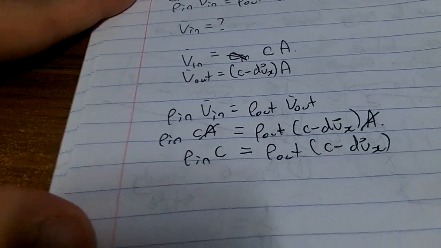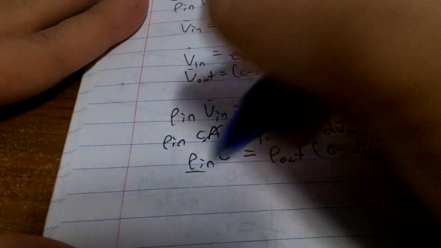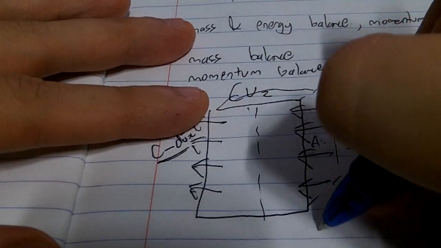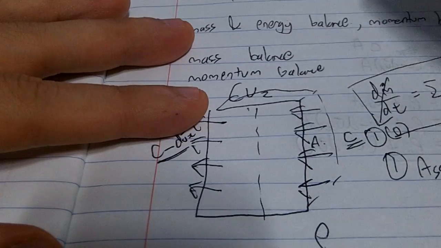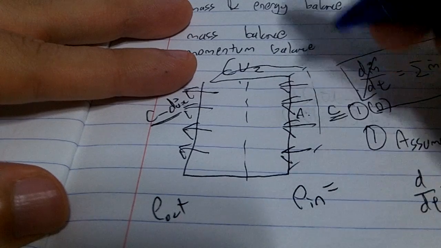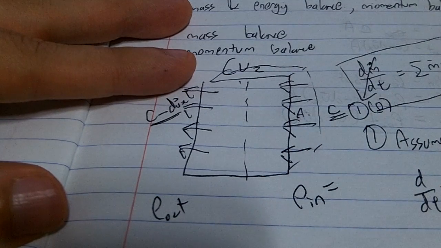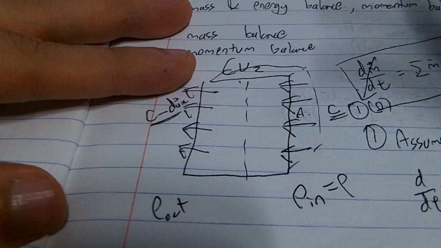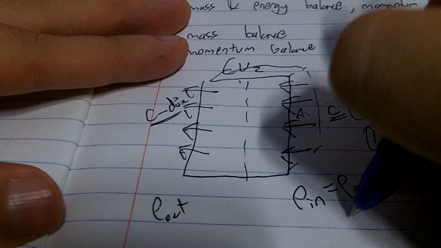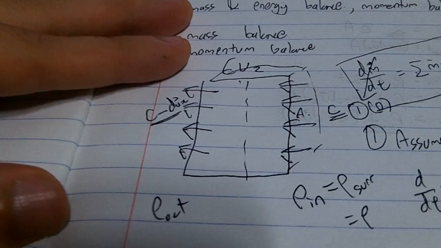Alright, so next thing, what is rho in and rho out? Rho in, what's the stuff coming into the system? It's just rho of the surrounding fluid or surrounding air, so this is rho surrounding, which I just call rho for simplicity's sake.